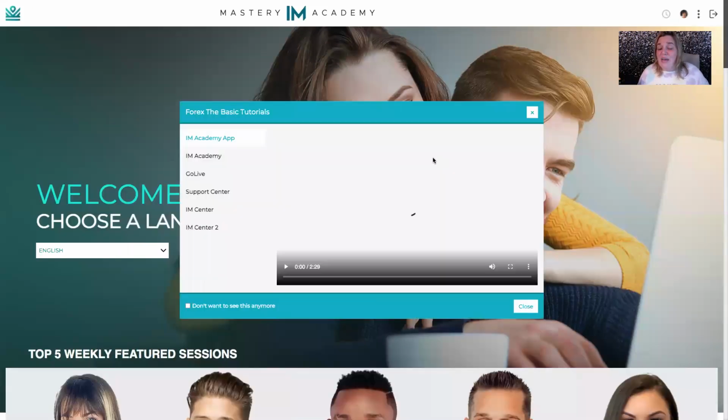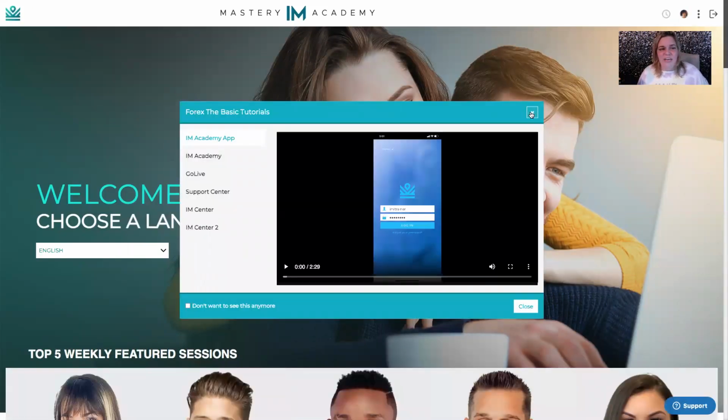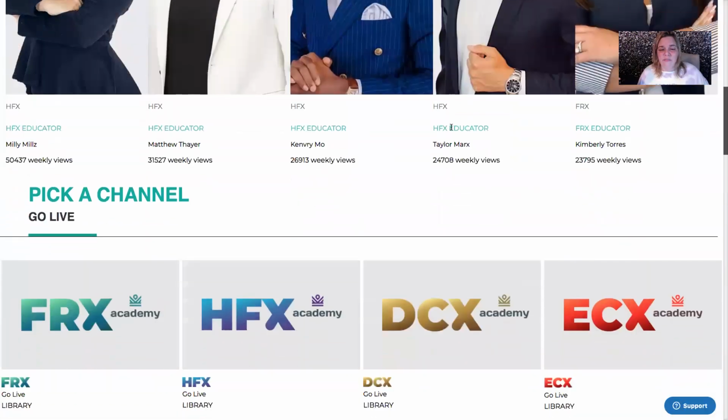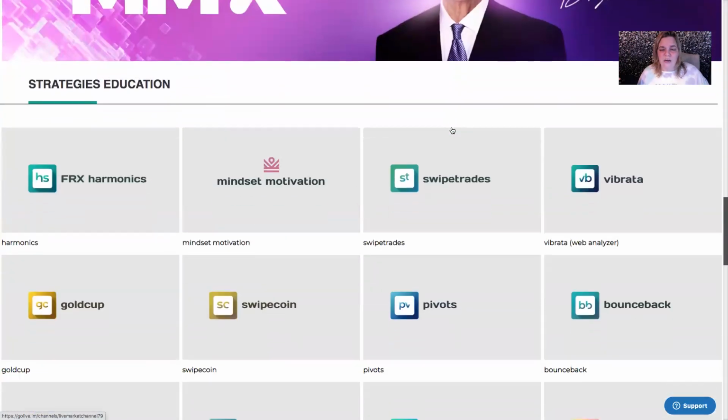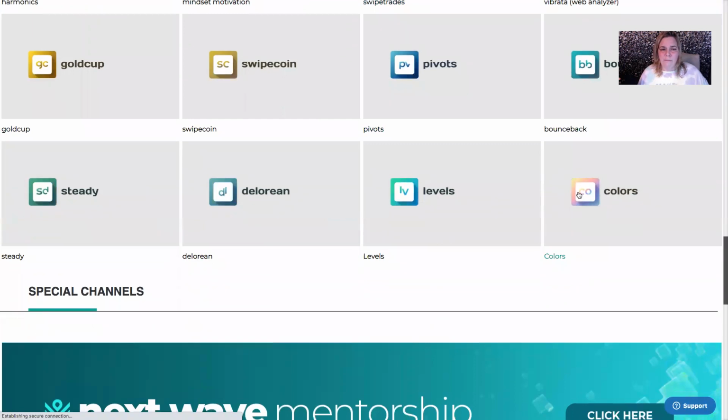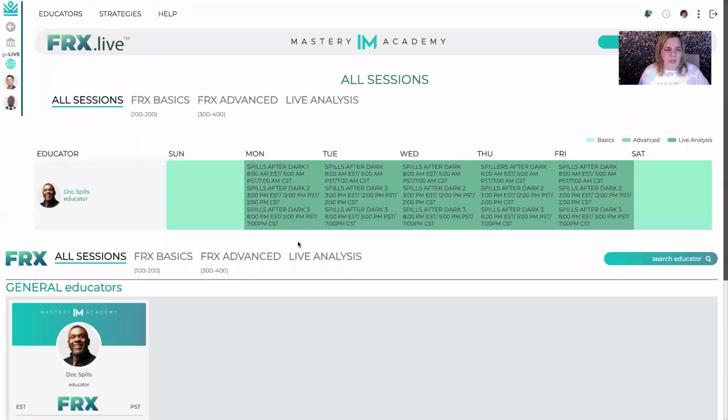And if you need to know how to access the videos, you're going to go to your Go Live and you're going to scroll down until you see colors. You can hit colors.